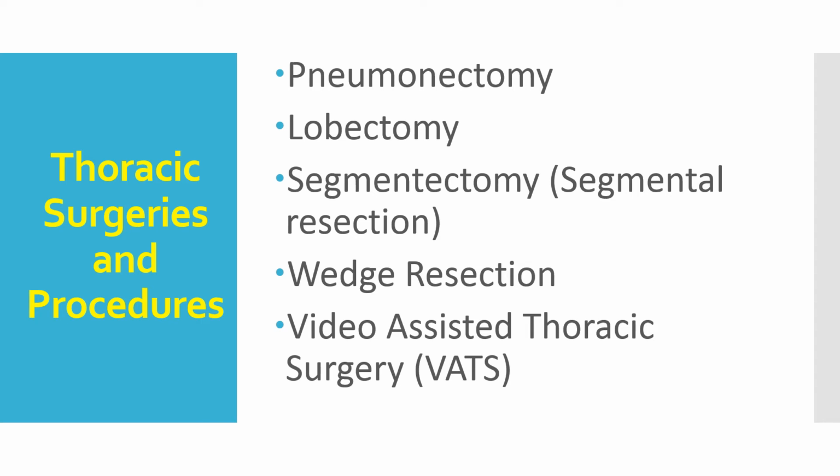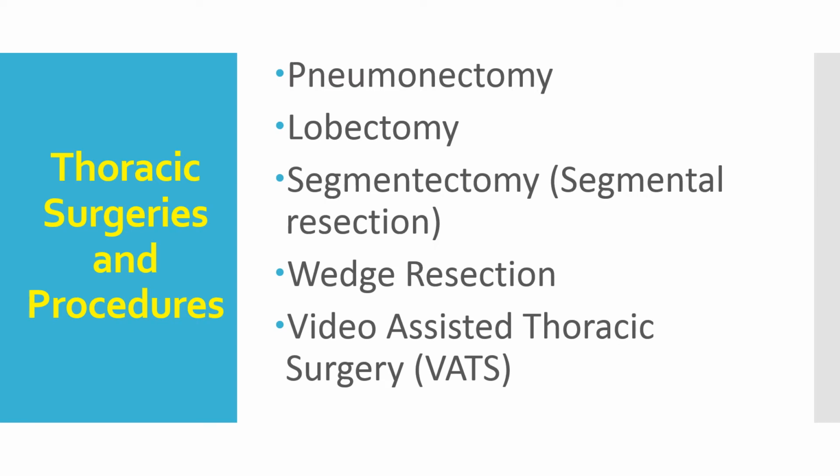These are 5 types of thoracic surgery. The first one, a pneumonectomy, is the removal of an entire lung performed predominantly for cancer when the lesion cannot be removed by a less extensive procedure. A lobectomy is removal of a lobe of the lung when the pathology is limited to one area of a lung.